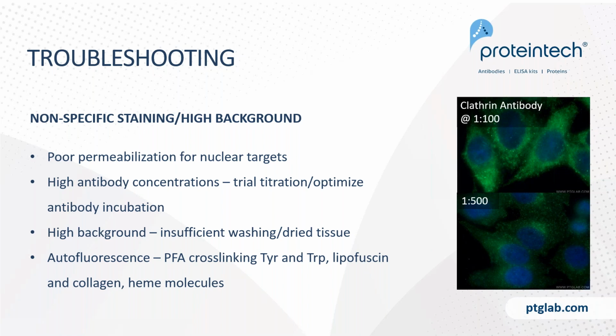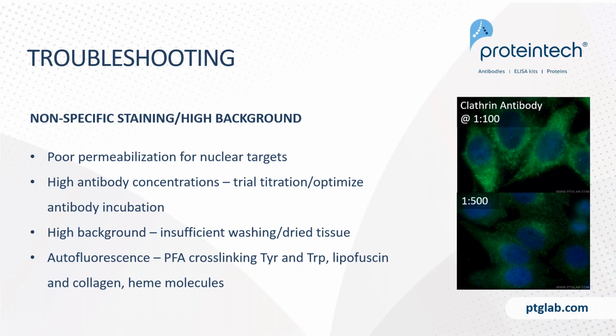I don't know how well you can see this, but the vesicles are on the right. The too high antibody concentration is causing this bleed through, therefore you can't see individual vesicles. When we reduce our antibody dilution to 1 in 500, you can clearly see these vesicles, and there's much less background staining, therefore allowing a better resolution of our image.